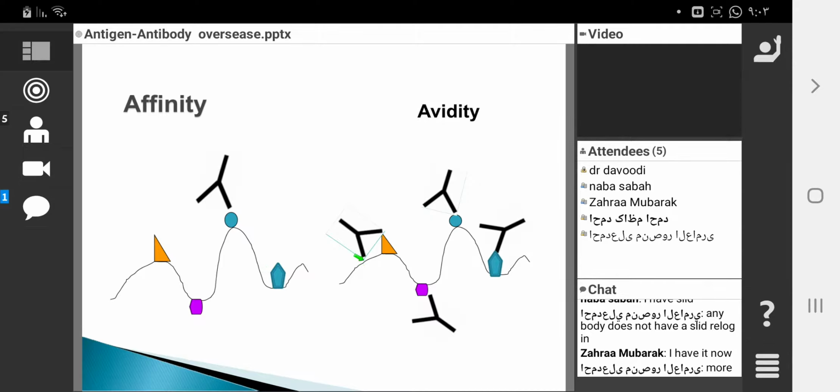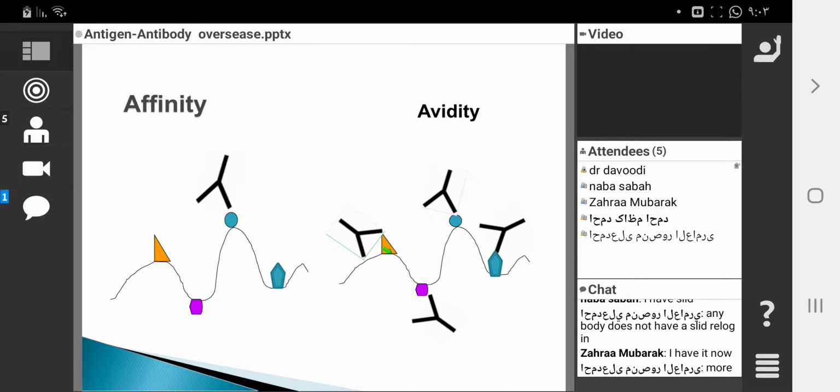Therefore we have different antibodies against different epitopes. For this epitope there is a specific antibody which can bind it, and for this one, this, and so on.